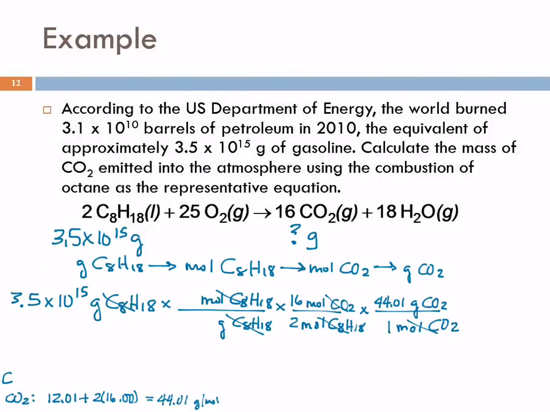And for octane, C8H18, I've got 8 carbons times 12.01 plus 18 hydrogens times 1.008. 8 times 12.01 plus 18 times 1.008 equals 114.224 grams per mole.